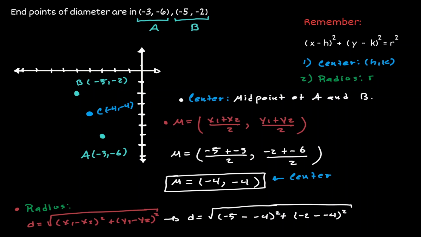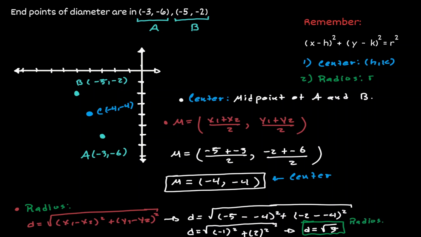So now let's simplify. Here we have -5 plus 4, which is -1. And here we have -2 plus 4, which is +2. So now we can say the distance between those 2 points is the square root of 5. So we can say that the radius of the circle is the square root of 5.